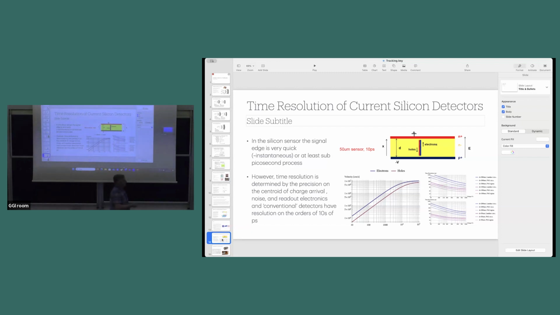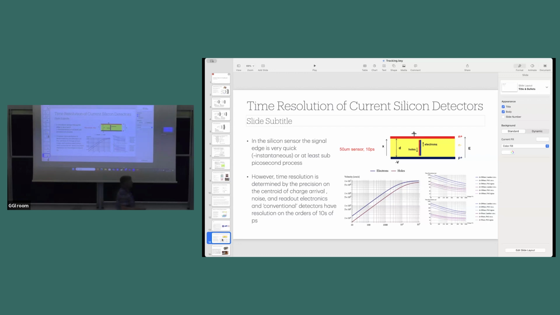If you look at how a silicon sensor works, well, the edge of the signal is very, very quick, actually, in a silicon sensor. It's on the order of a sub-picosecond process for the start of that charge collection from the time the particle crosses. However, the time resolution is really determined by when that centroid of charge arrives, and that tells you where the particle was.